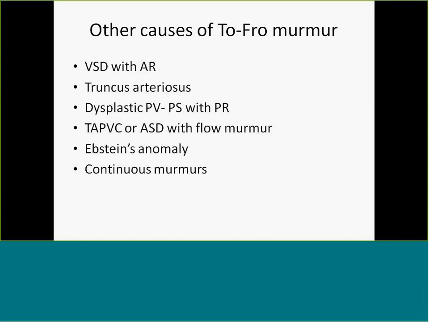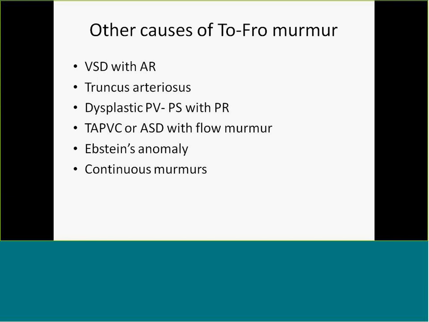And TAPVC often causes a systolic murmur in the upper left sternal border. It can also cause a flow murmur. In the tricuspid valve, it can cause a flow murmur in the vertical vein. Therefore, a combination of systolic and diastolic flow murmur resembles the to-and-fro murmur of absent pulmonary valve syndrome.